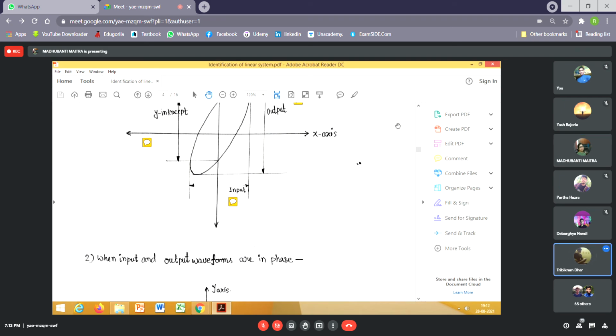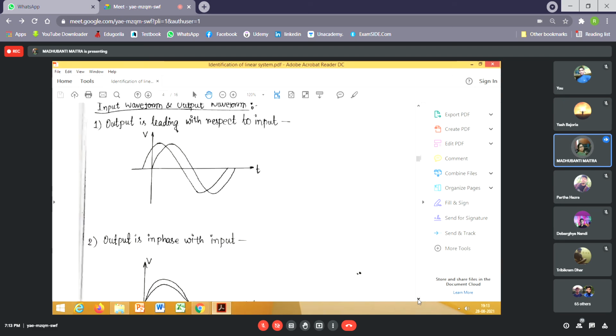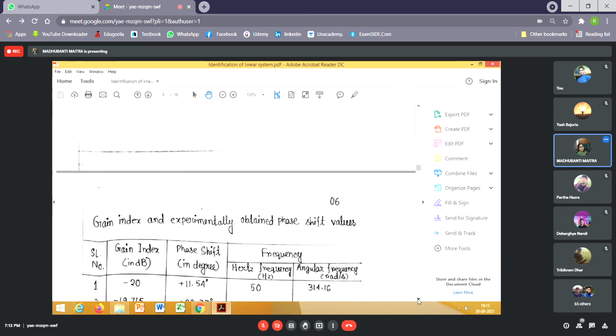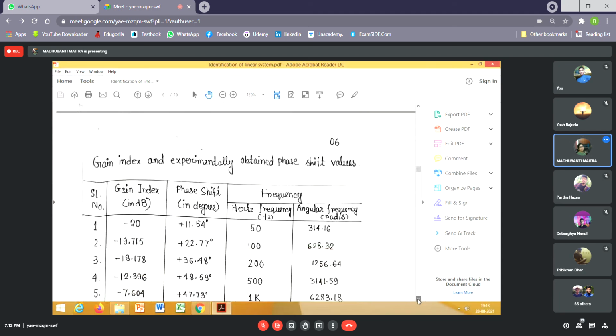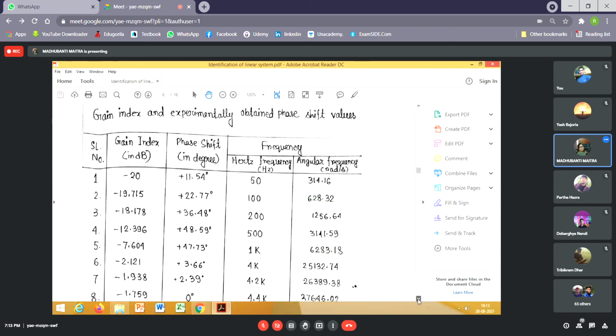Yes, ma'am. Okay, now from these values, we'll have to compute a table. I'm showing you the table. Please note down the columns. Now, this is not the correct form of the table. You'll have to compute this table, right? So the first column is the serial number. The second column is frequency, and we will express frequency in hertz because we have set the frequencies in hertz, 50 hertz, 100 hertz.